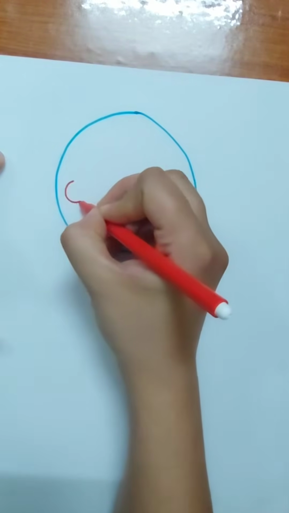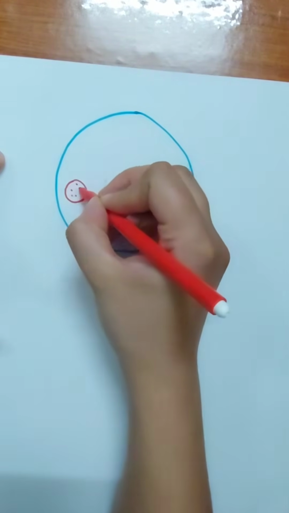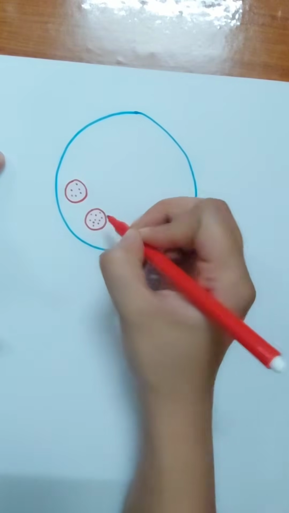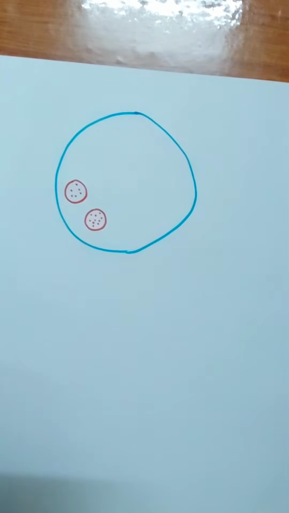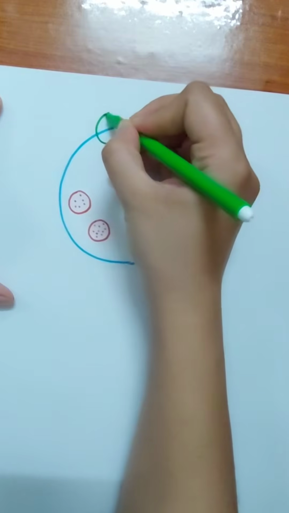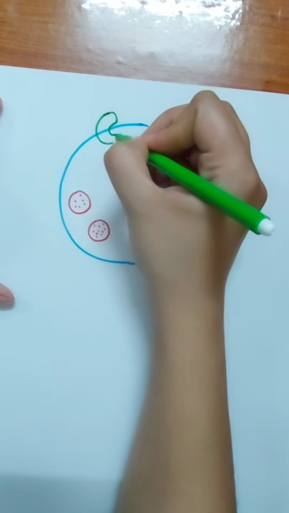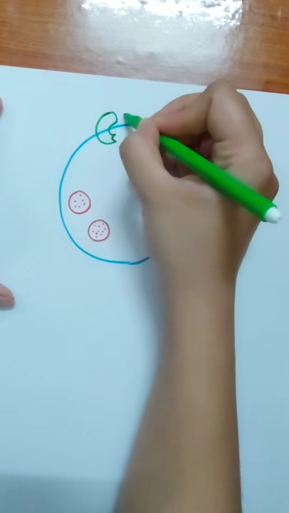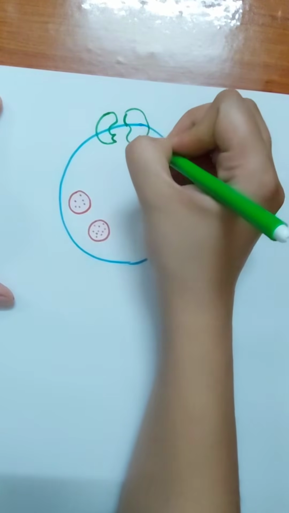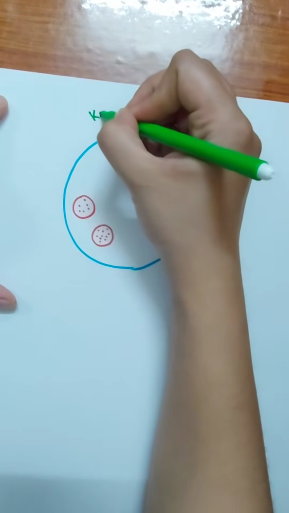First of all, it consists of granules containing insulin. Next, it has an ATP sensitive potassium channel. Suppose this is the area where ATP will come and bind. This is KATP.